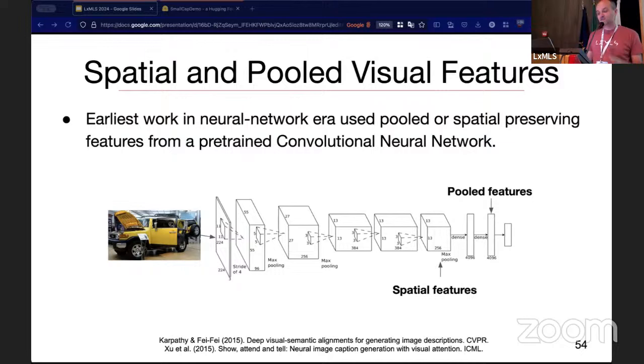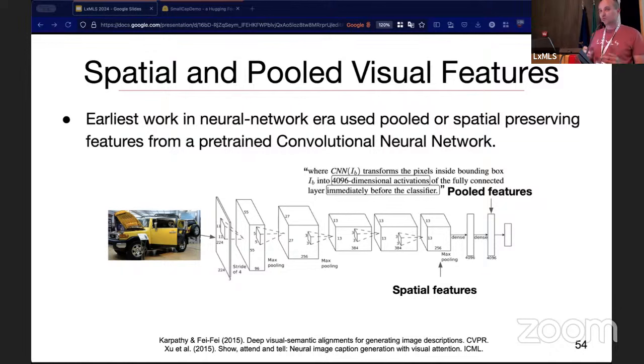If you see a paper which talks about somebody using pooled features, you'll see a sentence typically like this, where CNN of I transforms the pixels inside the bounding box into 4,096 dimensional activations of the fully connected layer immediately before the classifier. That's right there at the end.